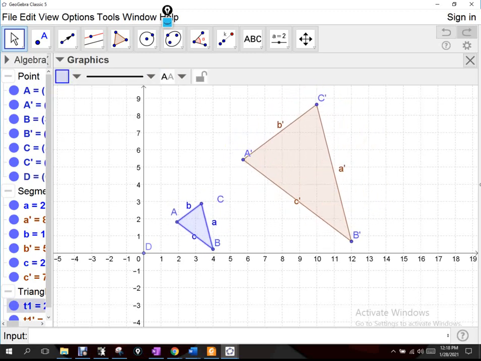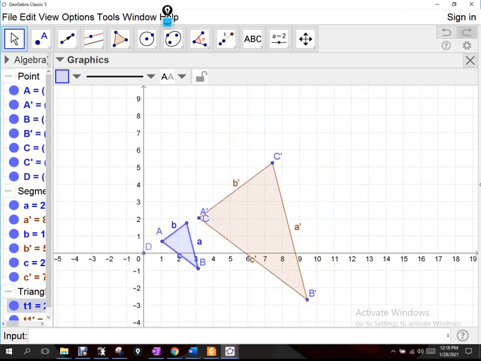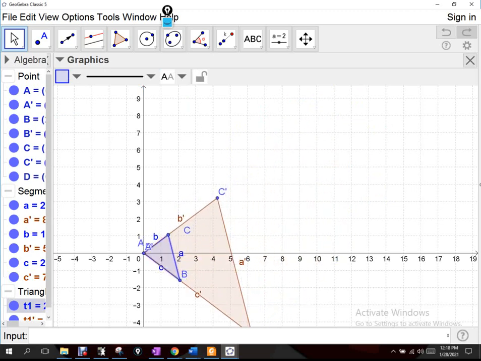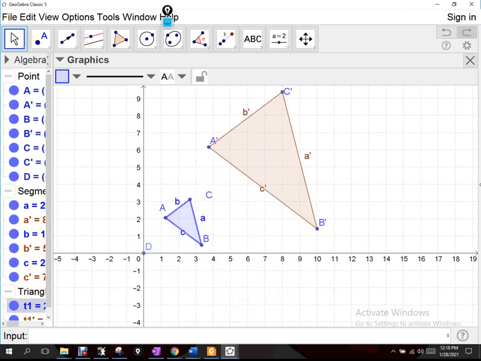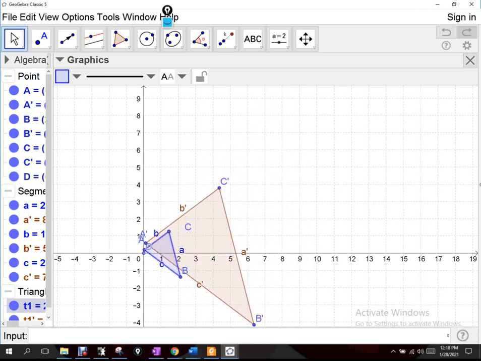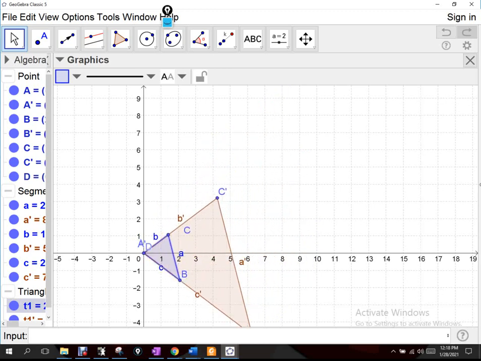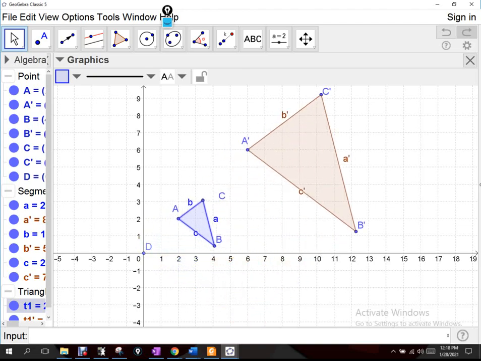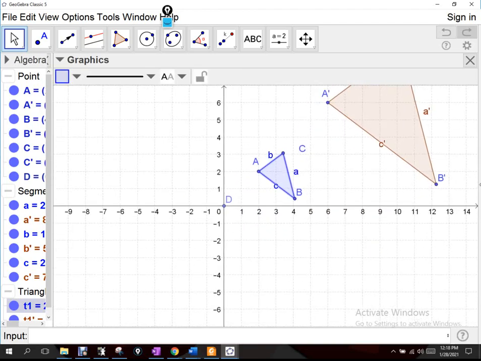But by doing this, if I move point A down to the origin, you see that that red triangle lands right on top of it, right? So do you guys agree that A and A prime, based on that relationship, are congruent angles? Okay, so you got an angle congruent to an angle there.